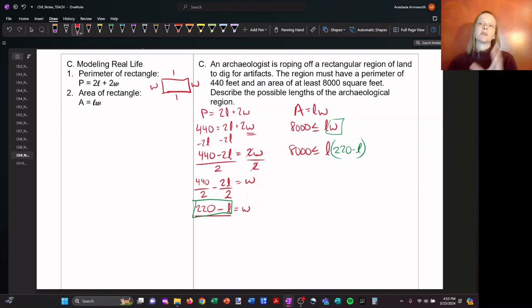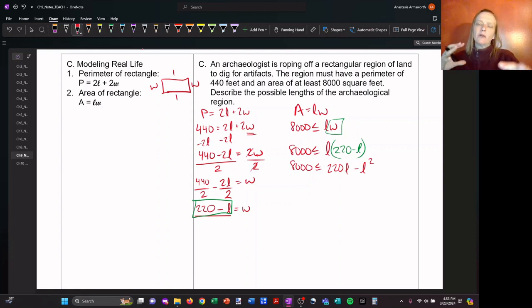So I've got L times the quantity 220 minus L. I'm going to simplify this by using the distributive property. I'm going to have 220L minus L squared.